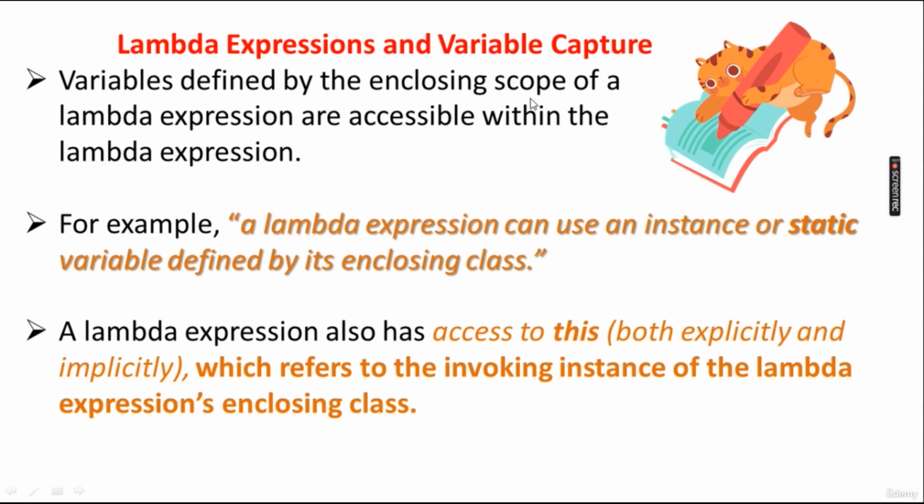So whichever instance or static member is declared by its enclosing class can be directly used by the lambda expression. A lambda expression also has access to the this keyword, which refers to the invoking instance of the lambda expression's enclosing class. Okay.